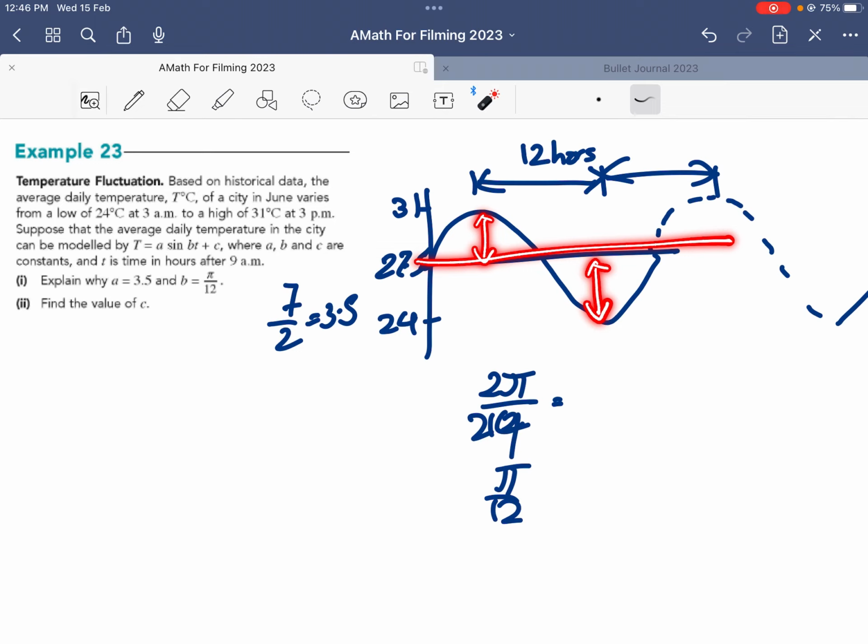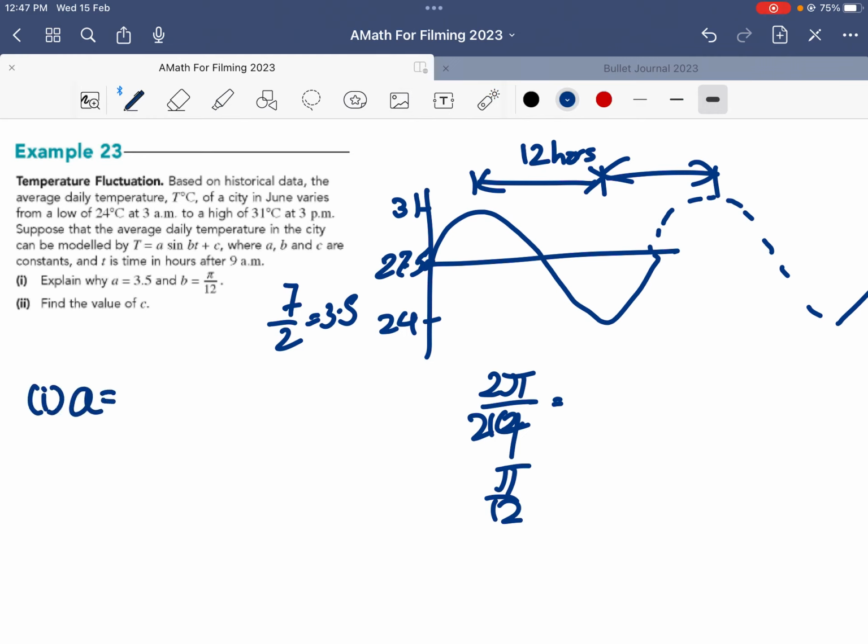So I take max minus min, and the max minus the min divided by 2 gives me this value here. So my a value is 31 minus 24 over 2, so it is 3.5. Another way of finding a is to find the midpoint.